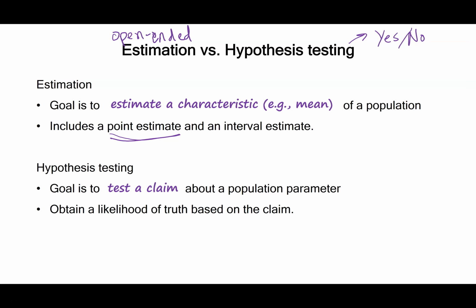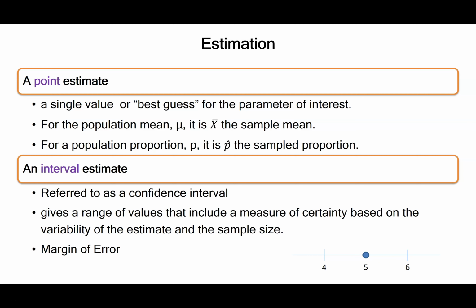So estimation, so confidence intervals. So estimation, you can always just think this is confidence intervals. You want to estimate it. So your point estimate's your starting place. You're going to start trying to estimate the population mean by calculating your sample mean. Your sample mean's your starting place.